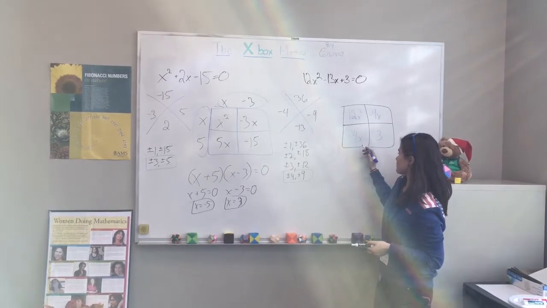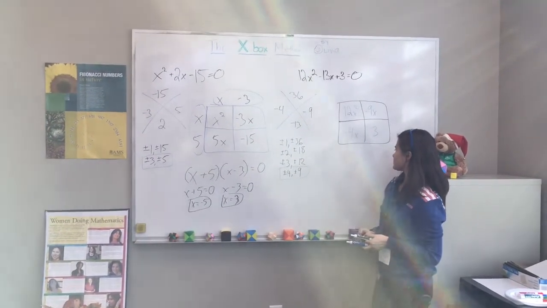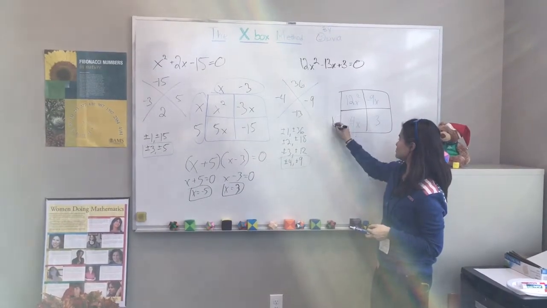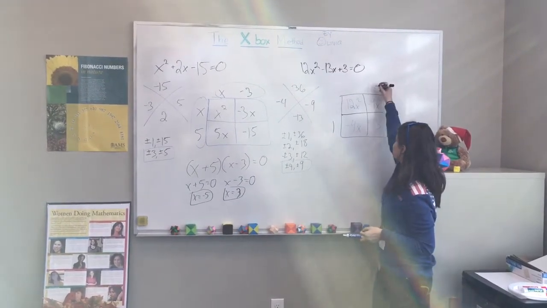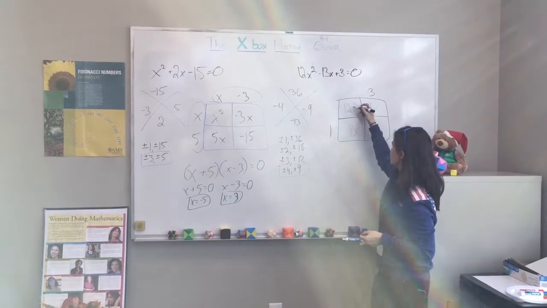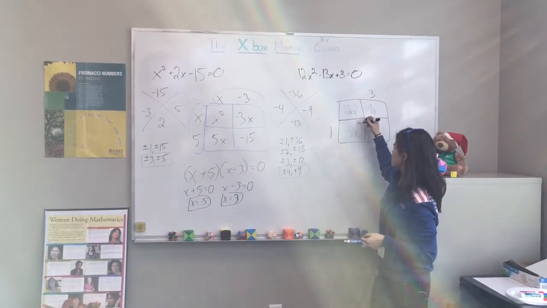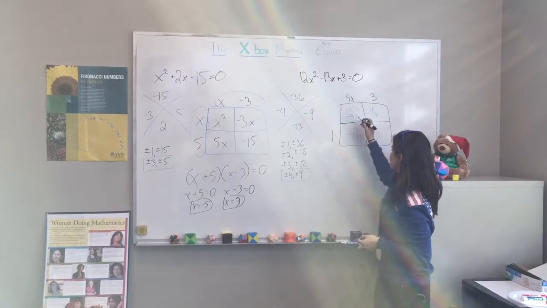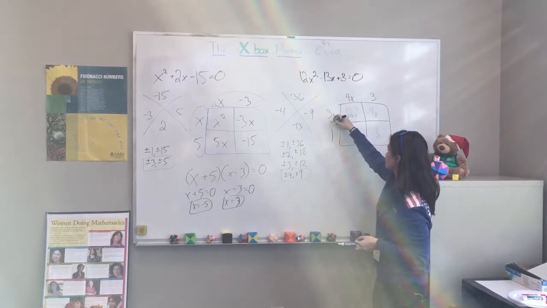From each row and from each column, we're going to pull out the greatest common factor. So in this case, they don't have anything in common, so I'm just going to pull out a 1. In this case, they have a 3. And in 12x squared and negative 4x, they both have a 4x. In 12x squared and negative 9x, they both have a 3x.